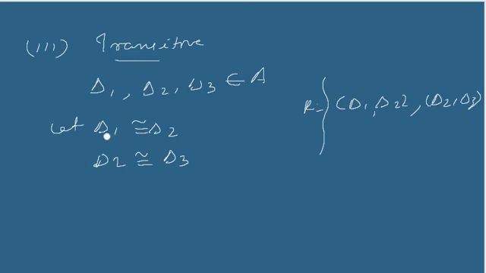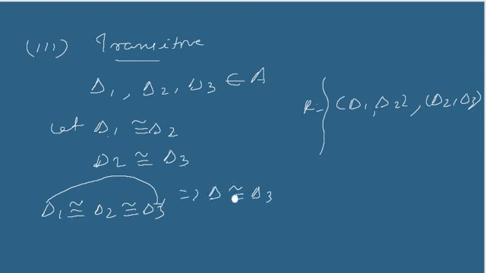Now let us come back here. Triangle 1 is congruent to triangle 2 and triangle 2 is congruent to triangle 3. Let me write it like this: triangle 1 is congruent to triangle 2, which is congruent to triangle 3. So what you can say here? This implies triangle 1 is congruent to triangle 3.